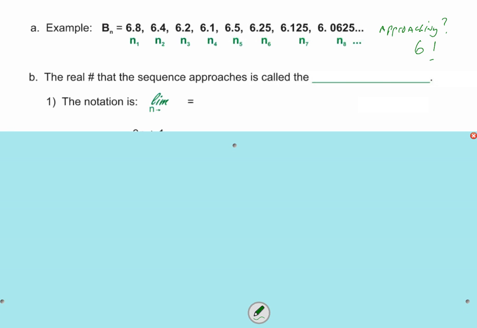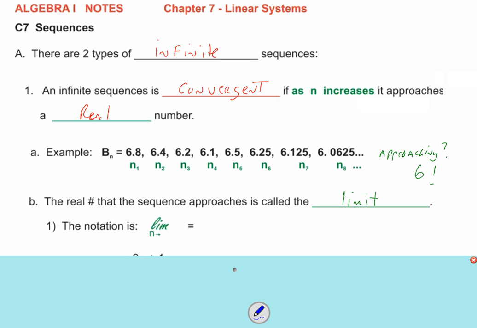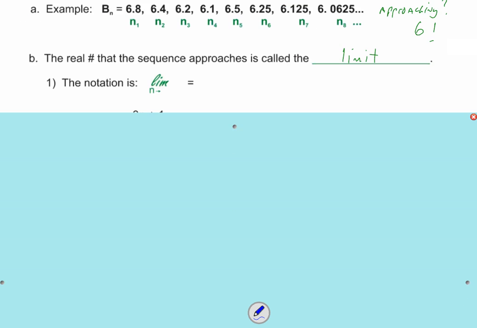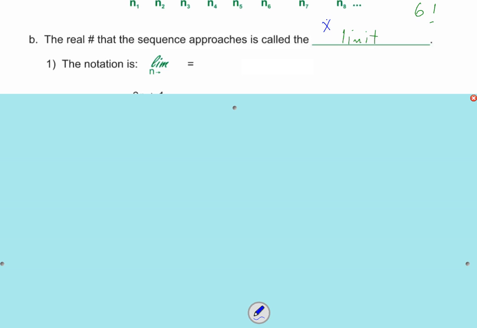All right. B, the real number that the sequence approaches is called the limit.